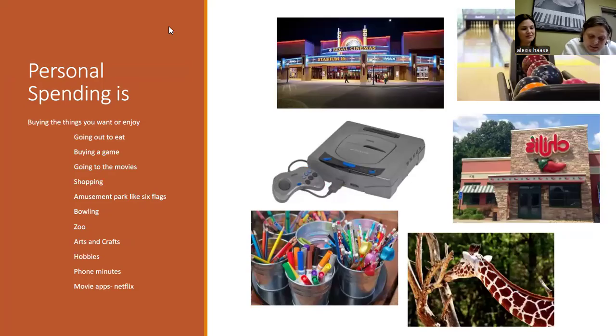Personal spending is also buying the things you want or enjoy: going out to eat, buying a game, going to the movies, shopping, amusement parks like Six Flags, bowling, the zoo, arts and crafts, hobbies, phone minutes, movie apps, Netflix. In order to buy the things you want, you have to make sure you have enough money for the things you need.